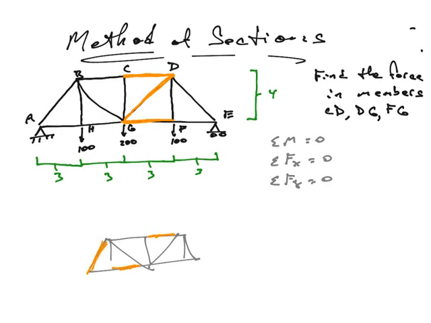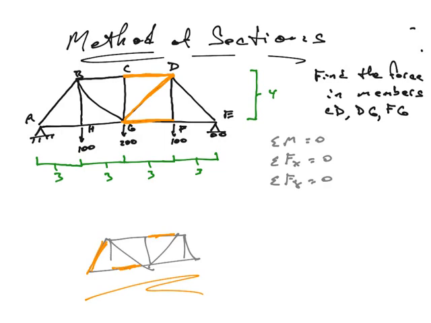That's 3 members I want to know the unknowns for, but as we will see, the way the method of sections works, I would not be able to use it for this particular problem. The 3 members you have to work with have to be close together, connected in some way, so that this particular method will work.